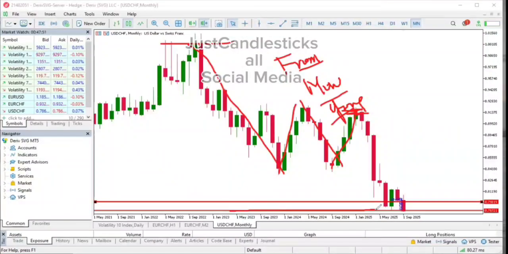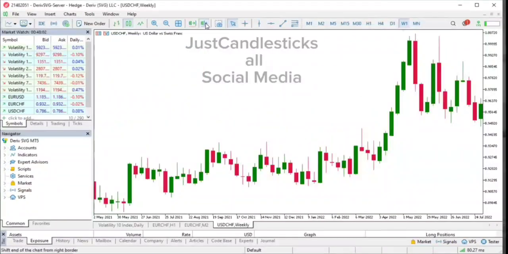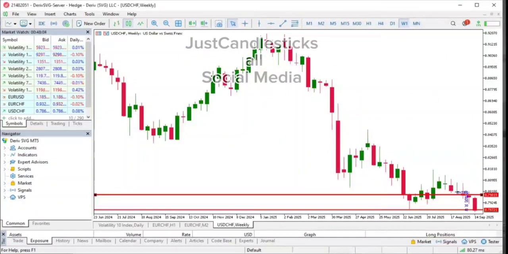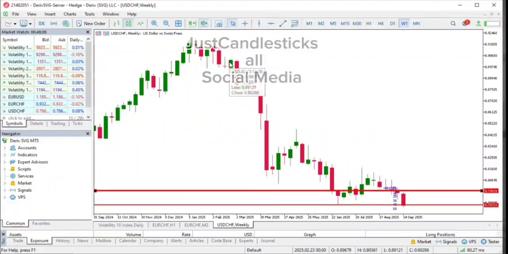Now, having known that, we move into another time frame that looks almost similar, which is the weekly, just a smaller version of it. We already have our chart here.